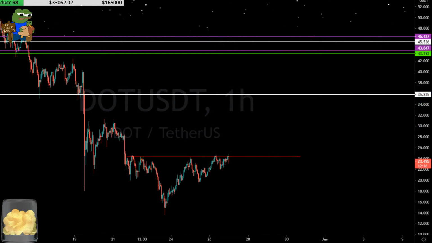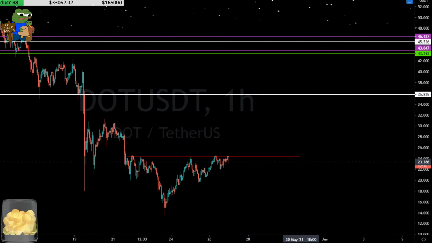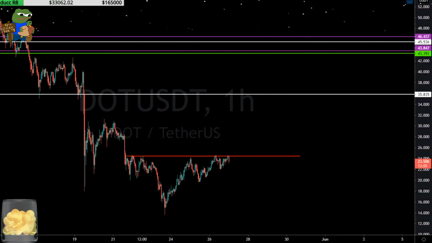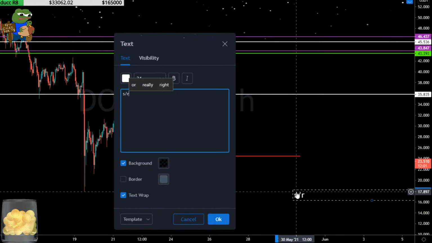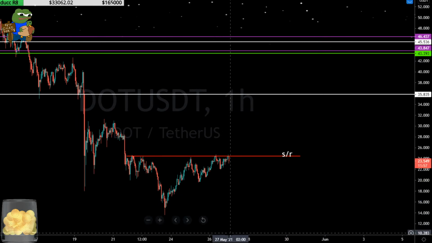Either way, critical area 2350. Okay, this 2350, no, what is this, 2450, this neckline overhead resistance, you must flip that level in order to continue to the upside.